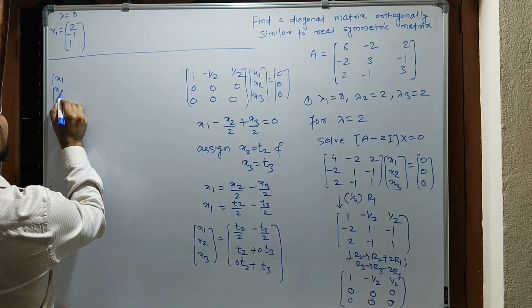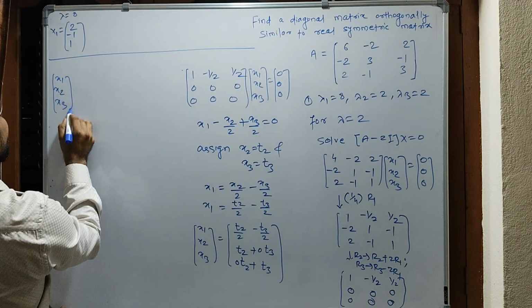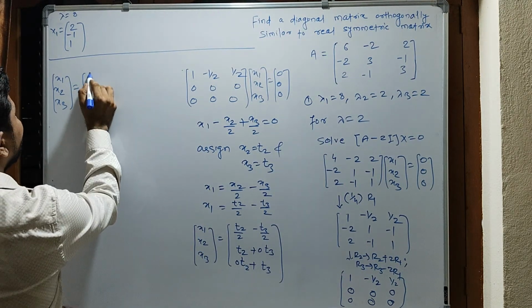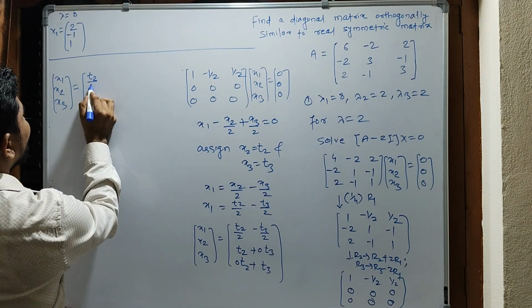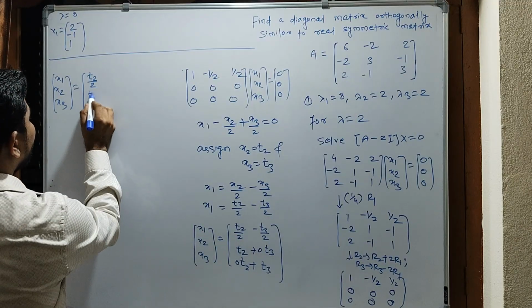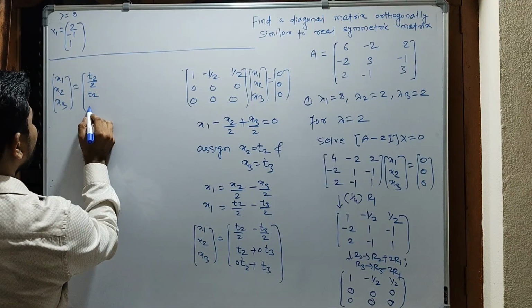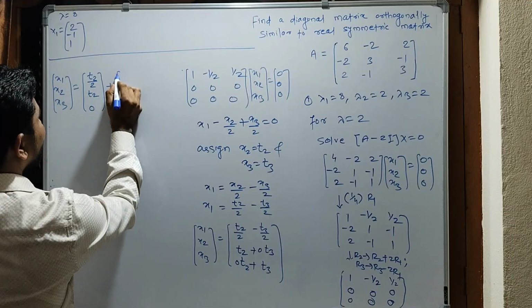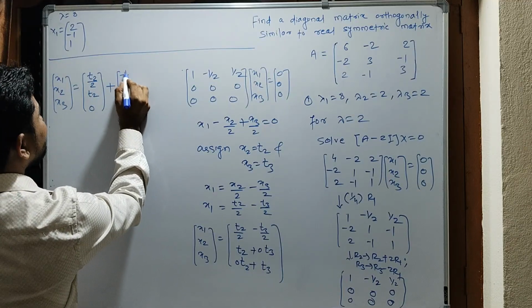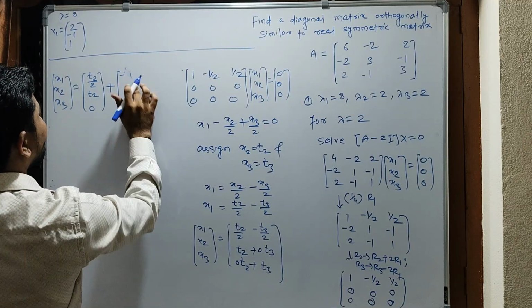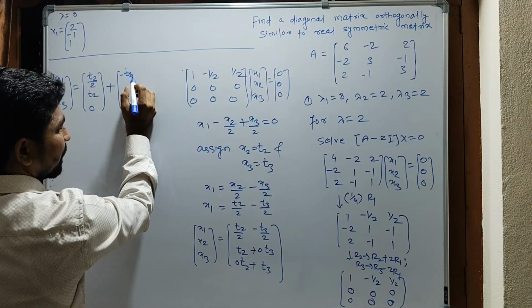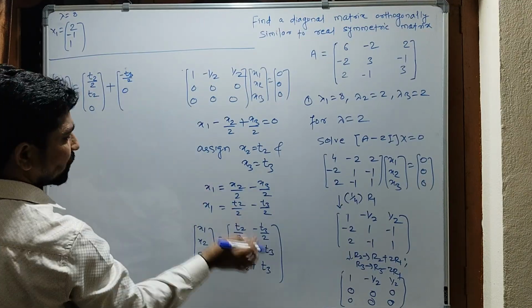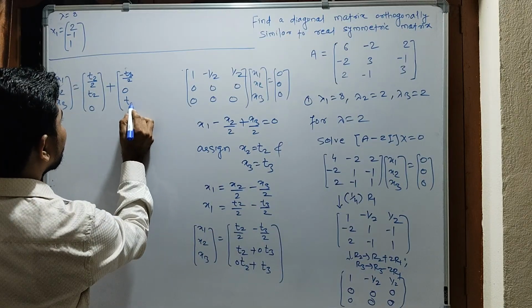Therefore x1, x2, x3 is equal to t2 by 2, t2 and 0, plus minus t3 by 2, 0 and t3.